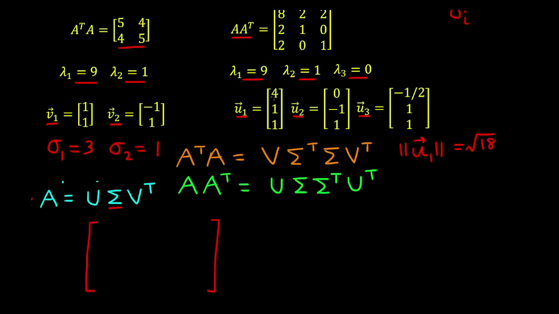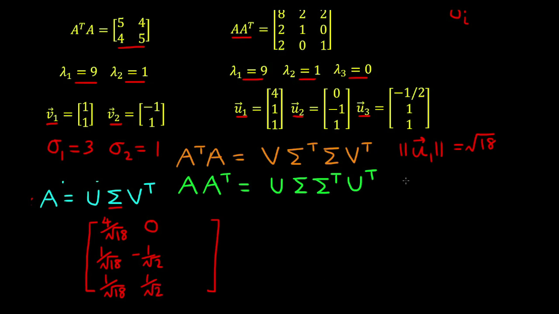And therefore, we have 4 on root 18, 1 on root 18, and 1 on root 18 in the first column. And the norm of U2 is root 2. So in the second column we have 0, minus 1 on root 2, and 1 on root 2.